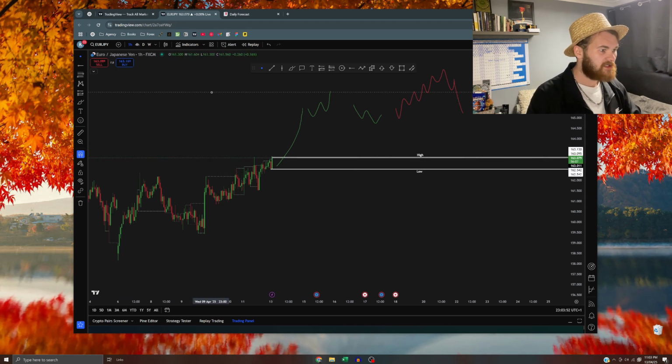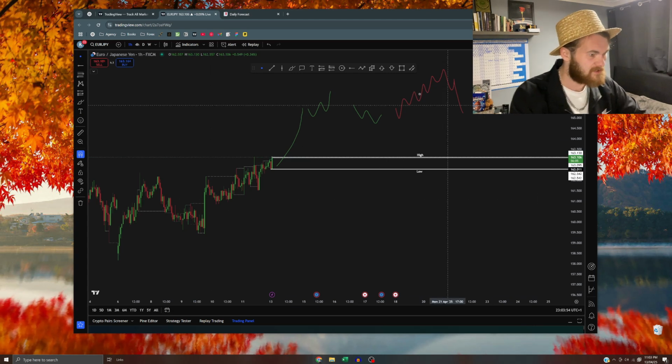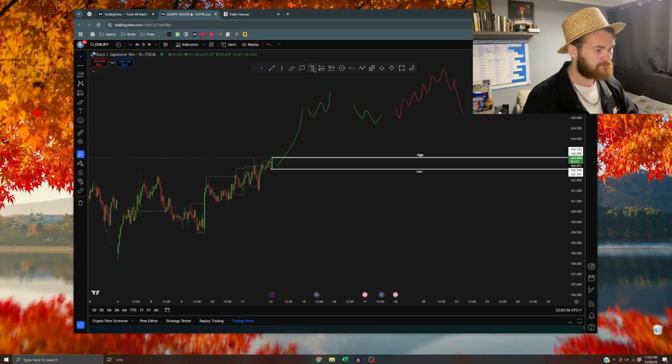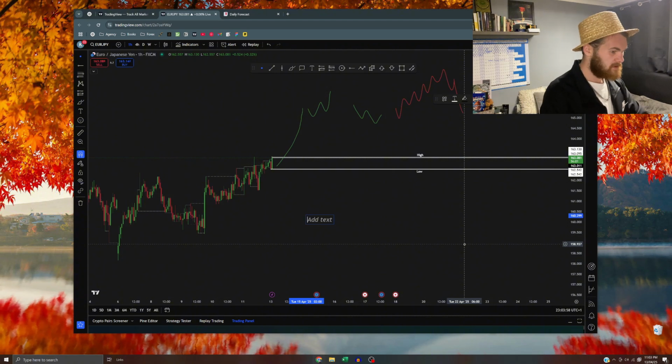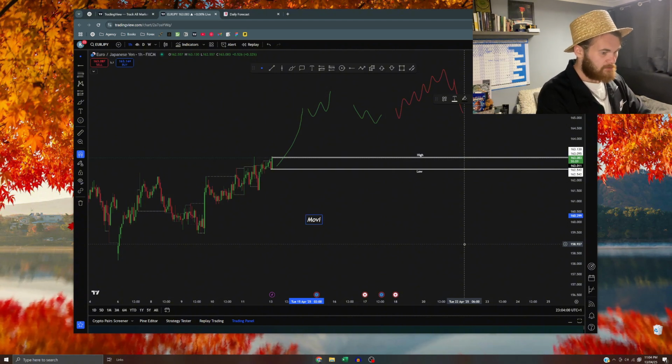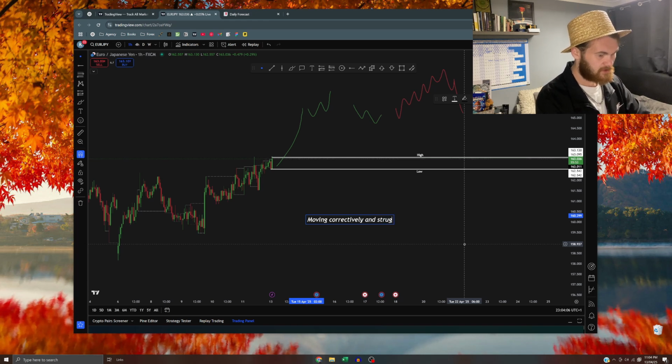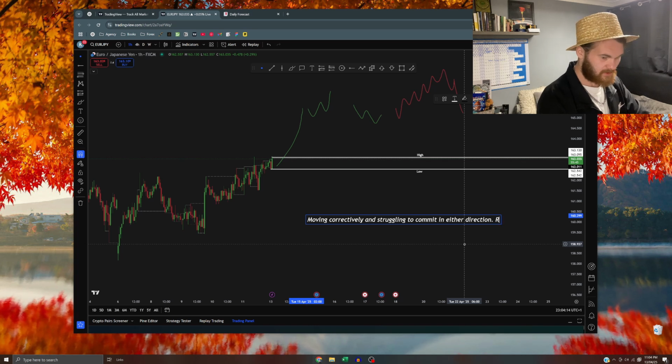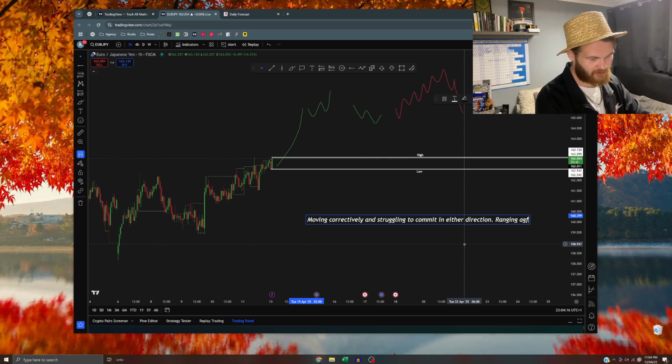Sweet, so on the EJ, this is what I'd like to see in order to take a long position. Moving correctively and struggling to commit in either direction. I'm just going to put ranging aggressively, because I quite like that term.